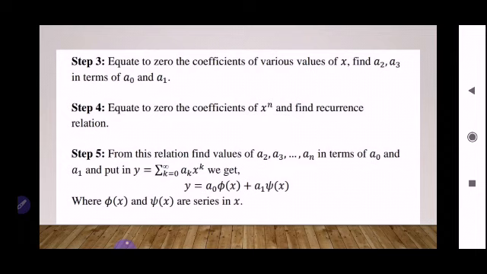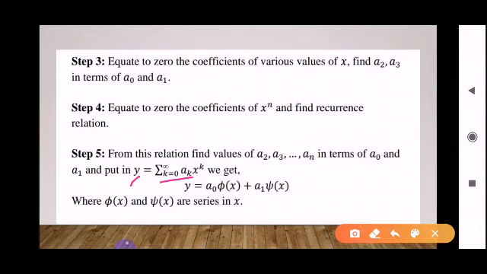Okay, so I am again repeating. First, suppose a linear differential equation with variable coefficients is given. So first we have to assume y is equal to summation of ak x raised to k is the solution of the given linear differential equation. From that find dy by dx and d2y by dx square. In dy by dx start k from 1, in d2y by dx square start k from 2.